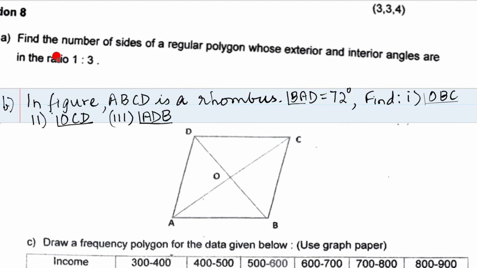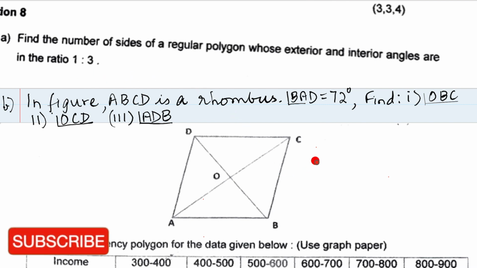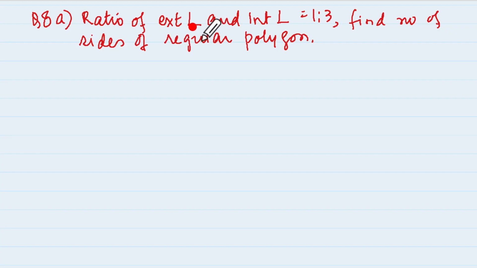Question number 8a. Find the number of sides of a regular polygon whose exterior and interior angles are in the ratio 1:3. Okay, so let us just write our question. So the ratio of exterior and interior angles are given as 1:3. So we shall write exterior angle is to interior angle is equal to 1:3.